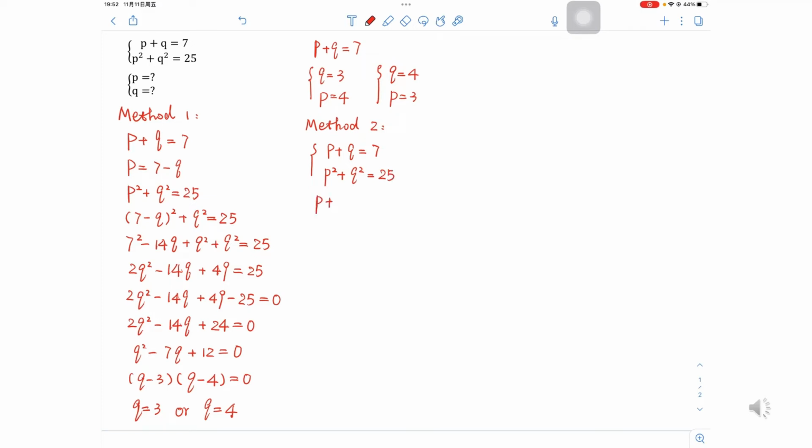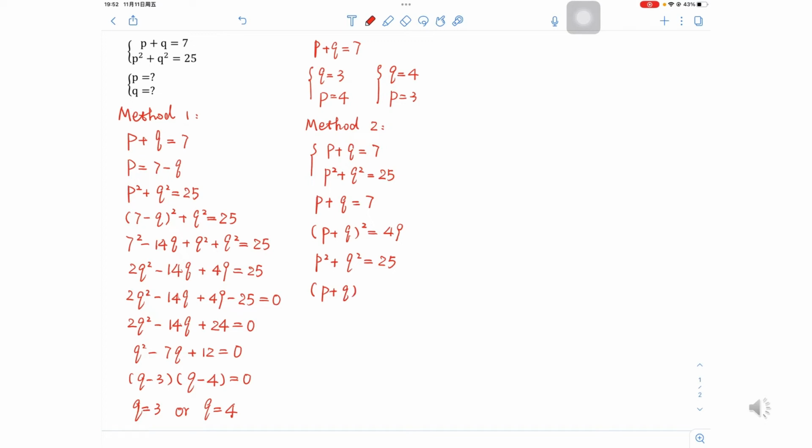The first equation, P plus Q equals 7. Square both sides of the equation. The square of the sum of P and Q equals 49. We subtract the second equation, P squared plus Q squared equals 25. From this equation, we derive these.